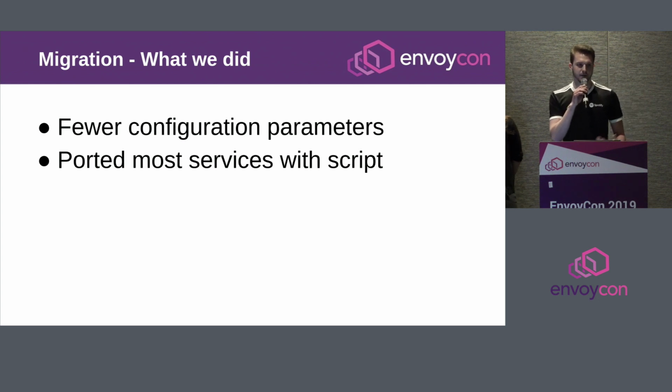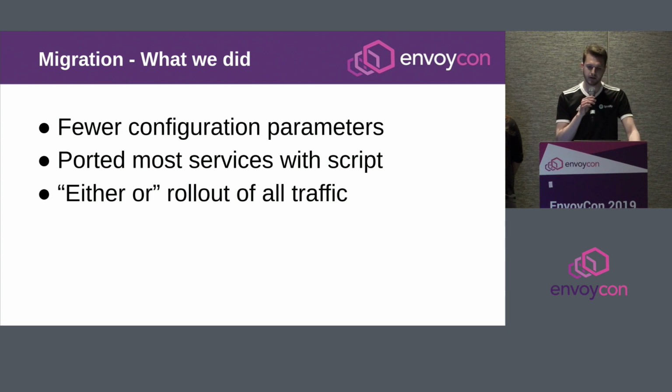So we could migrate most stuff with a script. About 75% of the services we migrated with a simple script. The remaining 25% were all a bit snowflakey and used different features. So we thought it was simpler to simply port them manually and have peer review than add more edge cases to the script.